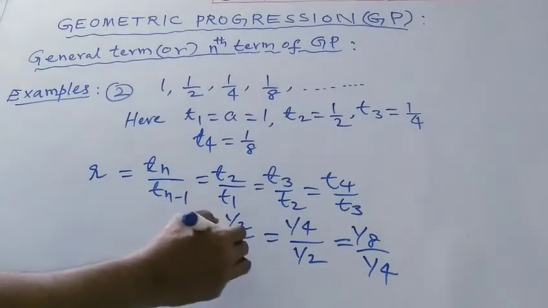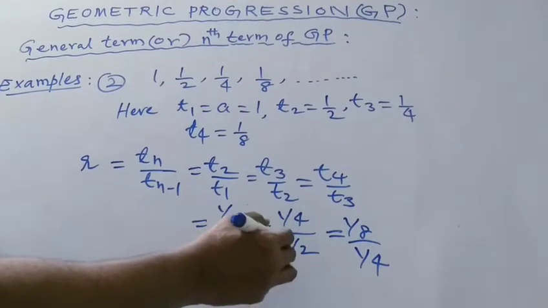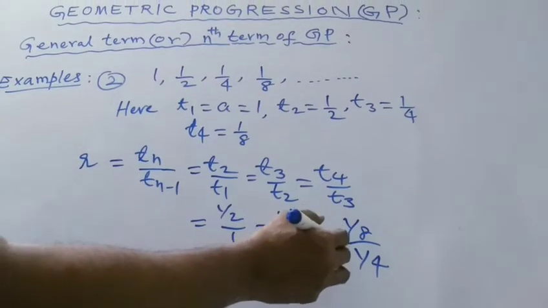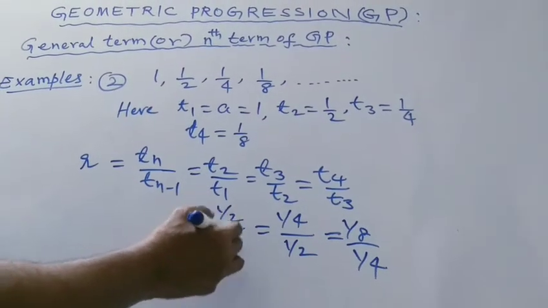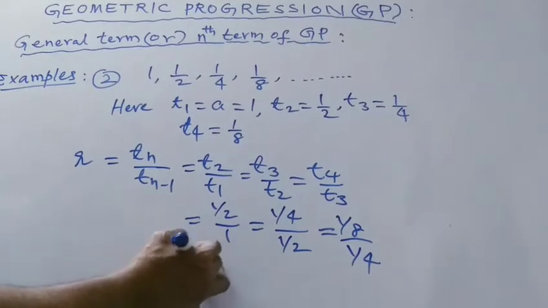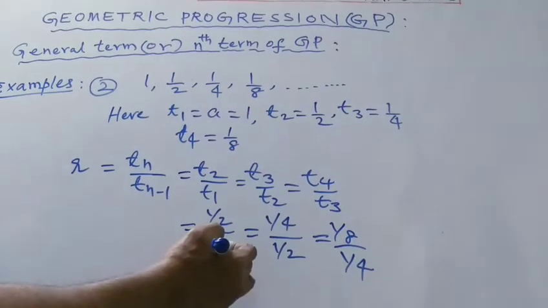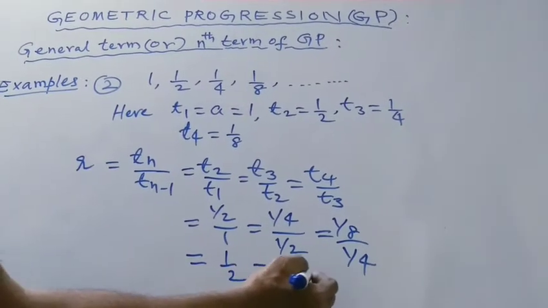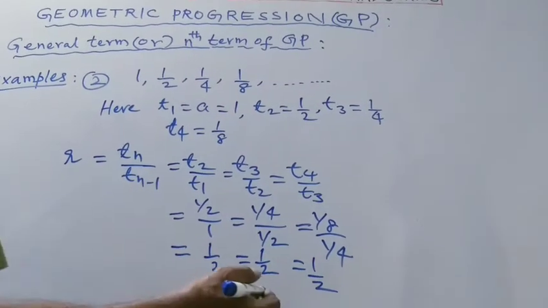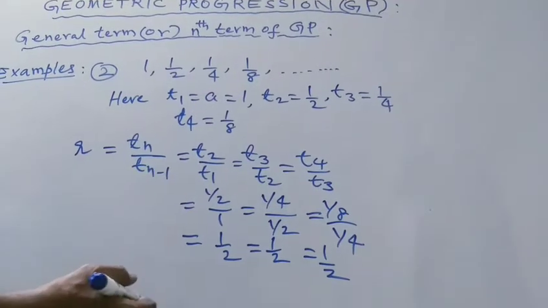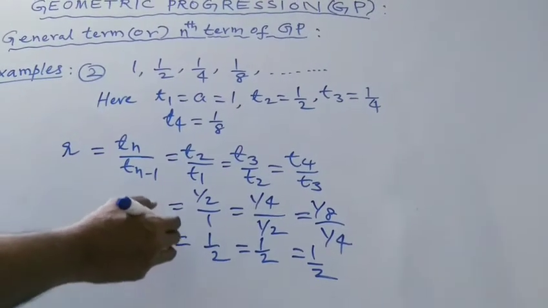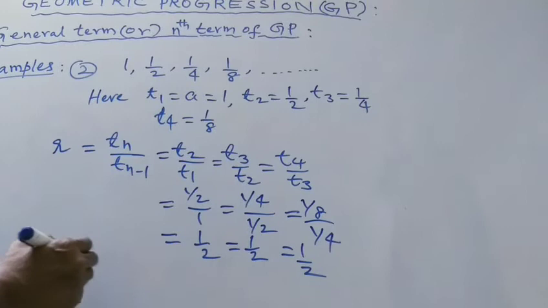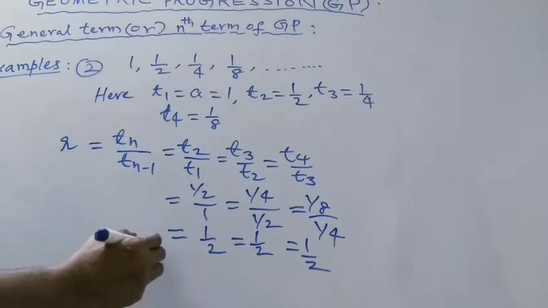So 1 by 2 by 1 is equal to 1 by 4 by 1 by 2 is equal to 1 by 8 by 1 by 4. After simplification, the common ratio for all of these comes to 1 by 2. Therefore, the common ratio of this sequence is 1 by 2, so R is equal to 1 by 2.